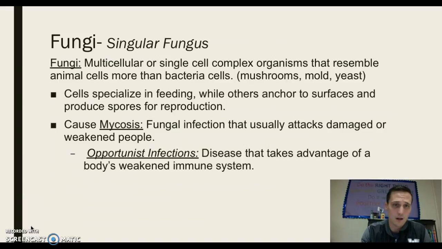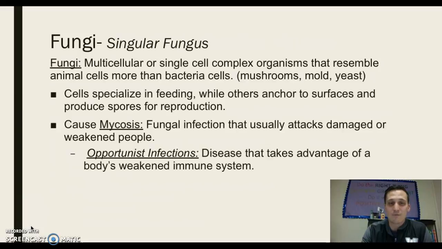Fungal infections cause mycosis. This is a fungal infection that usually attacks damaged or weakened people. So people with low immune systems are the ones susceptible to contracting a fungal infection. That's why these are called opportunistic infections.